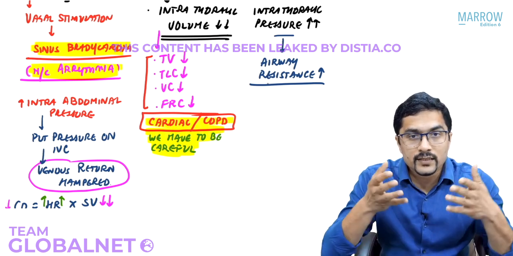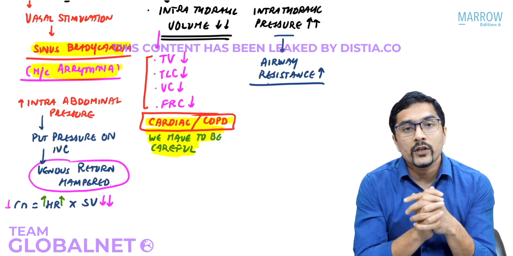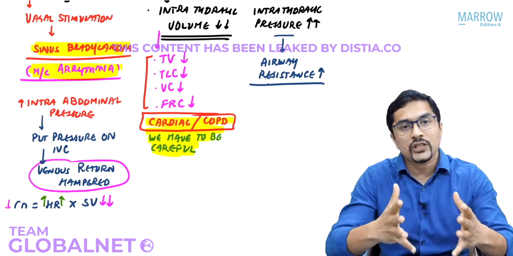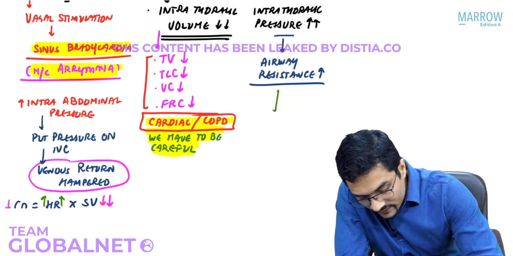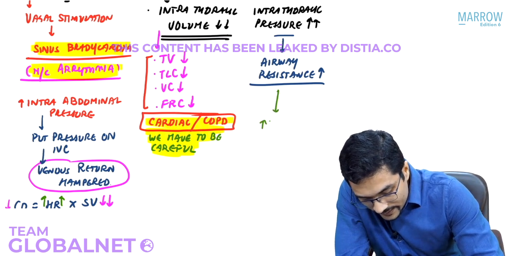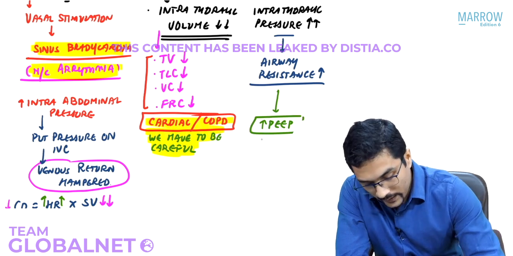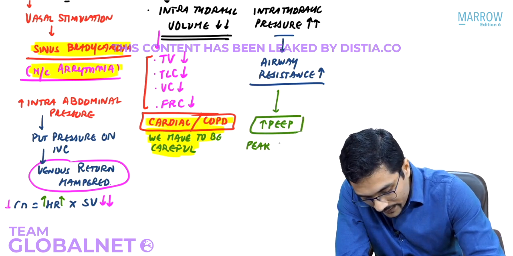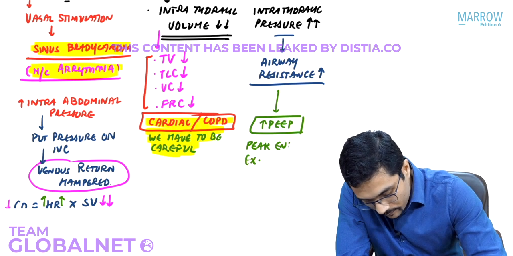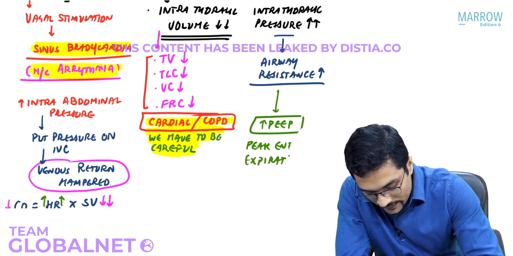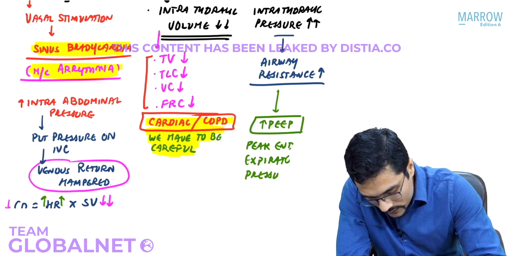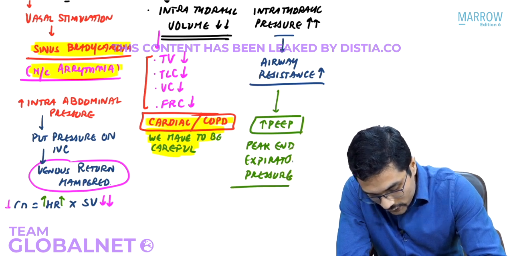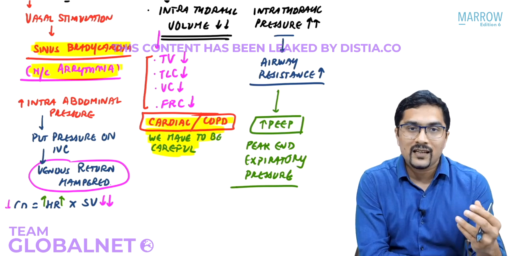So the anesthetist has to push air with more pressure. Because of this increased airway resistance, the anesthetist has to use increased PEEP during laparoscopy. PEEP is positive end expiratory pressure. This is used to make sure that air enters the lungs.